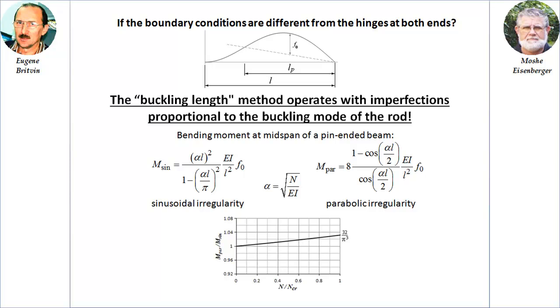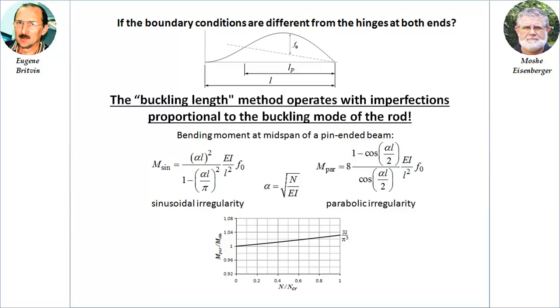For example, the moment at the midspan of a hinged beam with a sinusoidal imperfection is described by the expression. And the moment of the same beam with a parabolic imperfection is described by the following expression. The figure shows the graph of the ratio of the moment from a parabola to the moment from a sinusoid depending on the compressive force.